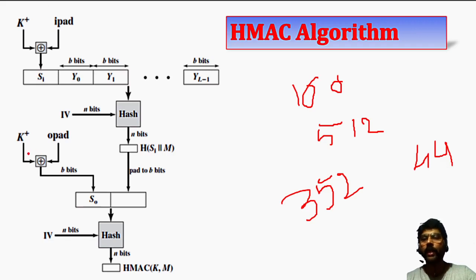So every time, two separate keys are given to the same algorithm. Indirectly, you are giving two separate keys. You are feeding a single key as the input, but it creates two separate keys which are given to the algorithm, which gives more security.